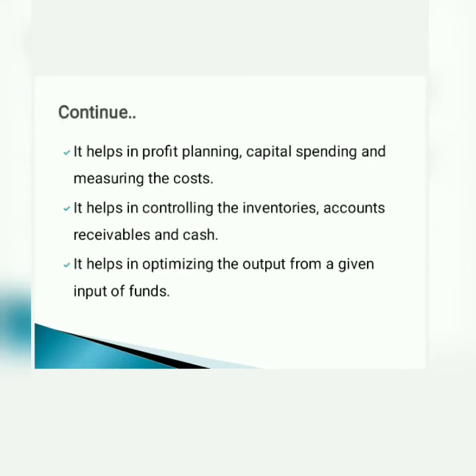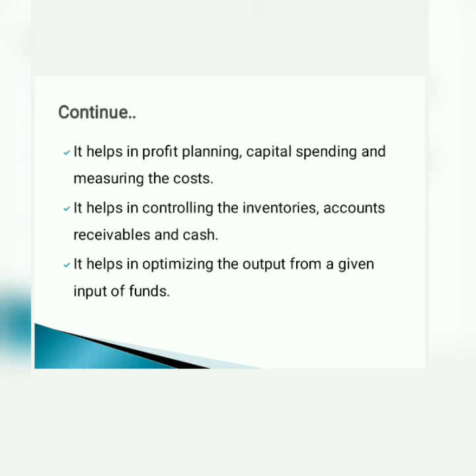As a fourth one, we can take employability of funds. How does a particular concern employ its funds for profit planning, capital spending, measuring the cost, etc.? In profit planning, it should decide about allocation of funds for retained earnings as well as distribution of dividend to the shareholders, particularly in the case of a public limited concern.